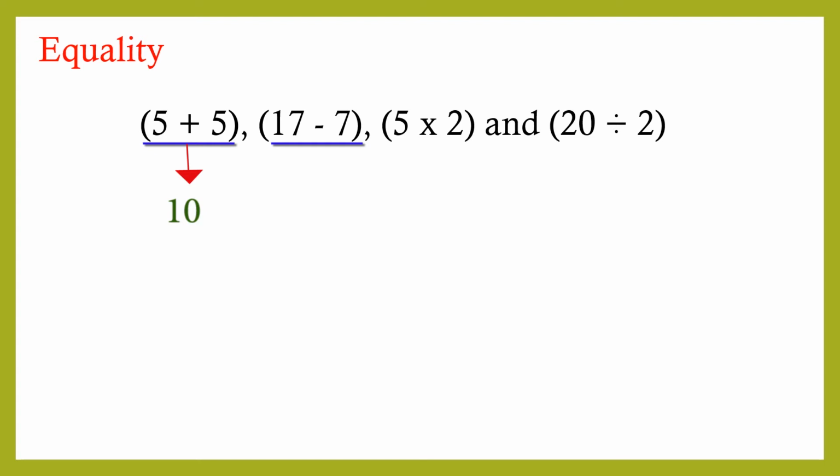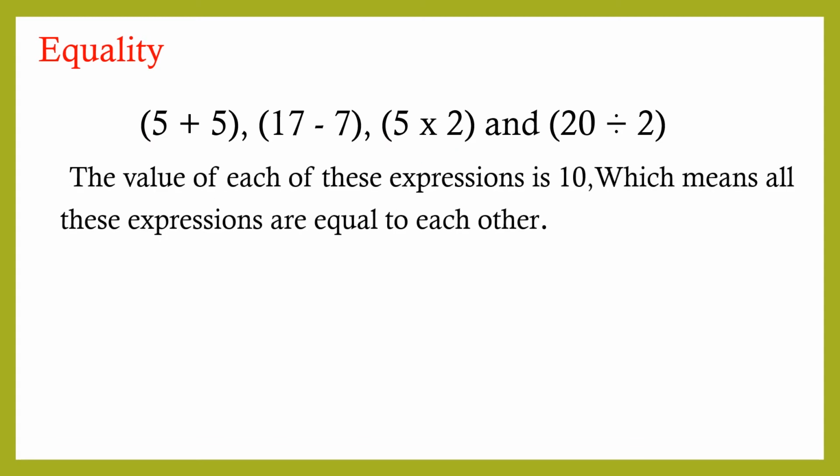When we subtract 7 from 17, we get the answer as 10. When we multiply 5 and 2, we get the product as 10. Similarly, when we divide 20 by 2, we get the answer 10. So, the value of each of these expressions is 10, which means all these expressions are equal to each other.